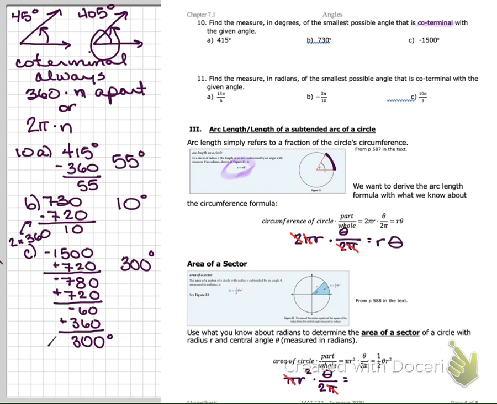And we end up with 1 over 2 times theta times r squared. So when it comes to finding area of a sector, this is the formula you're going to want to remember. You're going to notice as we go through some of the example problems that they're not laid out super straightforward, and so you kind of have to play around with what you have and what you're trying to get to figure out what you need to use.